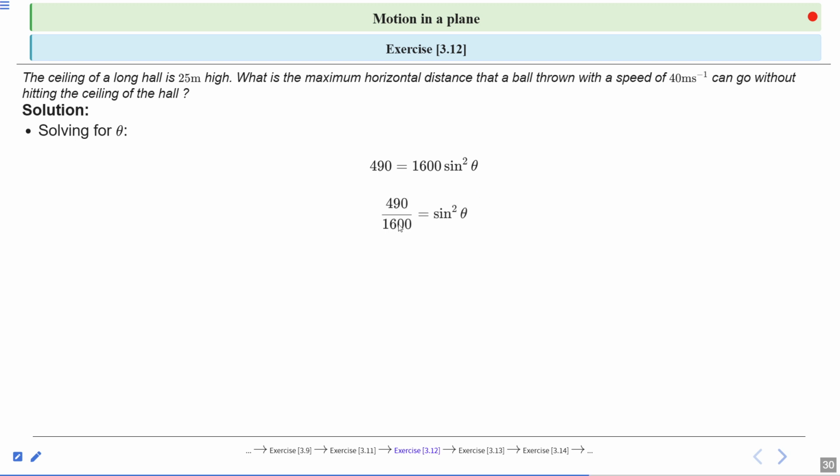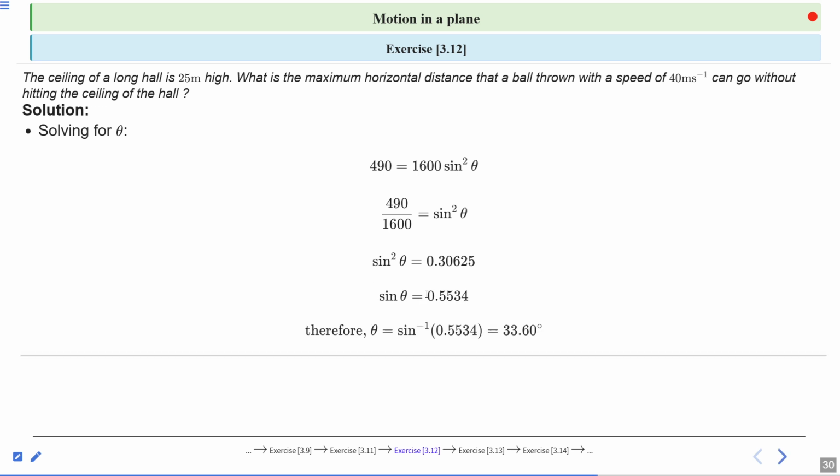So 490 divided by 1600 is equal to sine square theta. Sine square theta is equal to 0.30625, or we can say sine theta is equal to 0.5534. Therefore, theta is equal to sine inverse 0.5534, which is equal to 33.60 degree. So this is the value of theta.